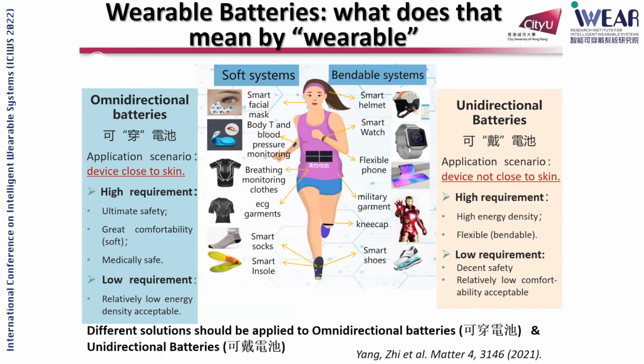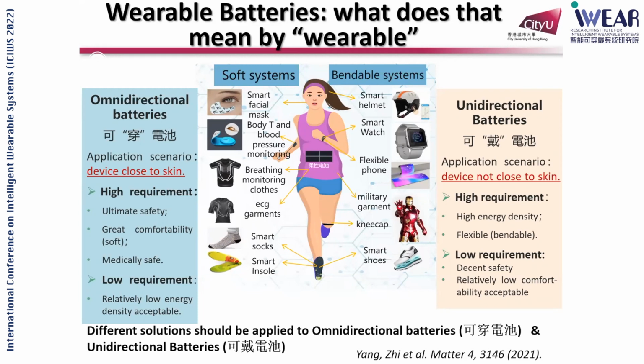But if you think in detail, flexible batteries, let's say wearable batteries, can be divided into at least two types. Because for batteries, we have different technologies to develop different batteries, and wearable systems also have different requirements.